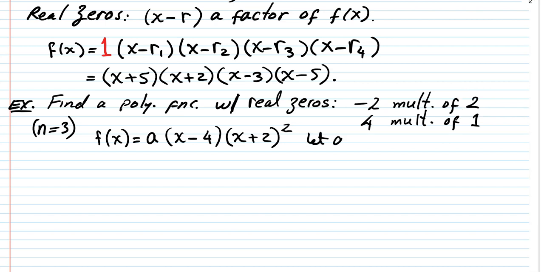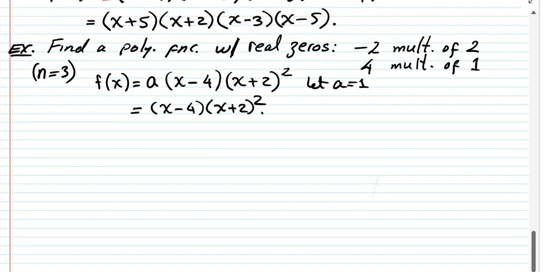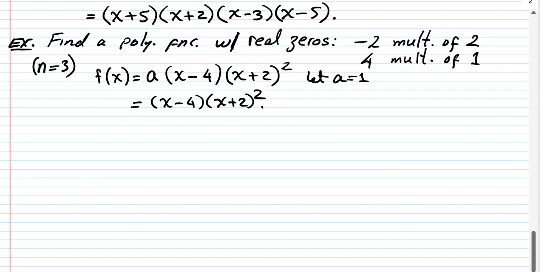And of course, we always let the leading coefficient be 1. Therefore, this is going to be x minus 4 times x plus 2 squared. Okay, and again, factored form for now is fine. And there you have it.